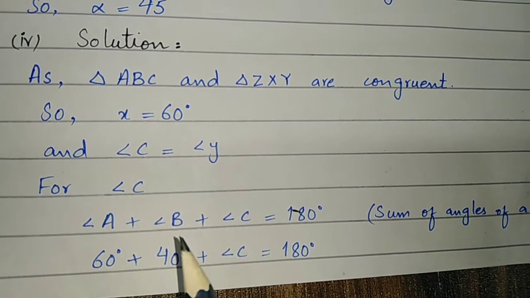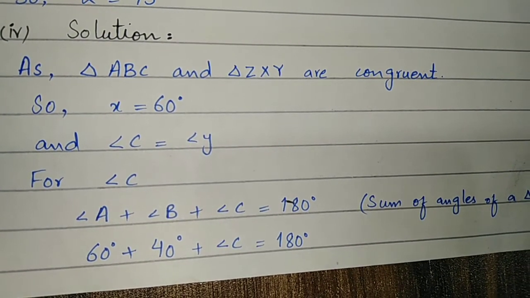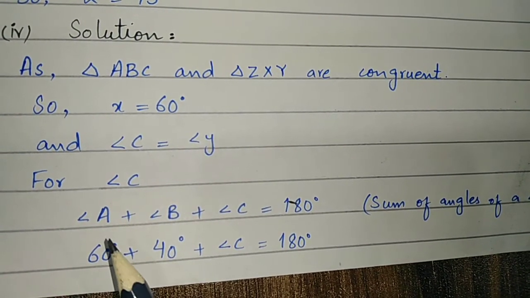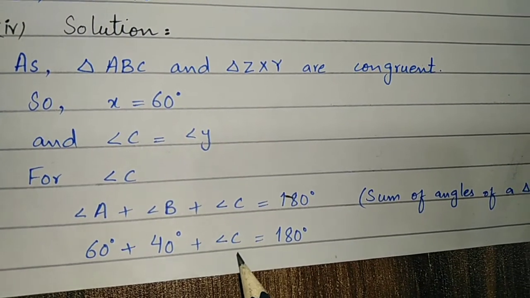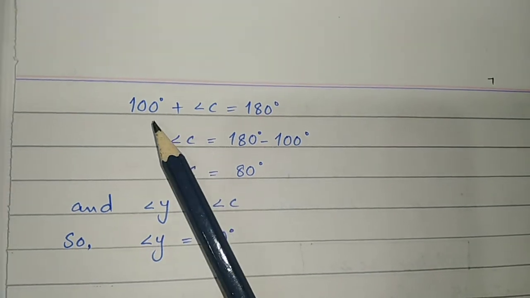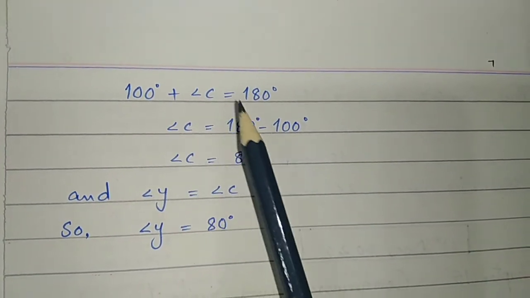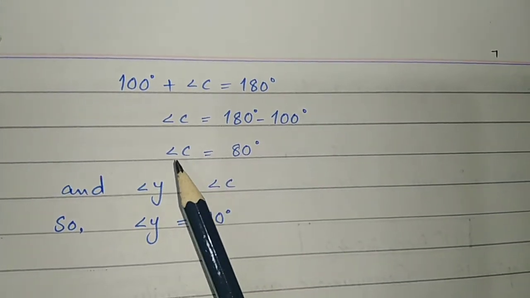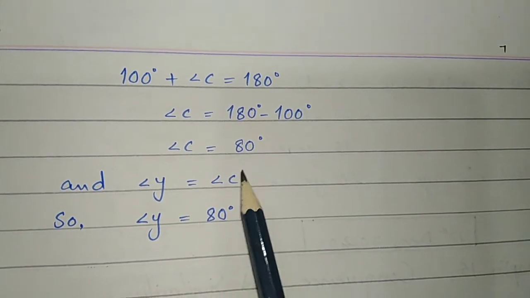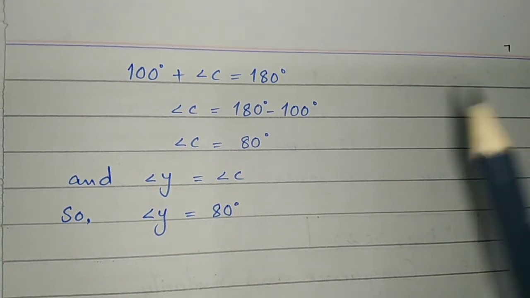So angle A plus angle B plus angle C is equal to 180, and B is 40 degrees and A is 60 degrees, and angle C we have to find. So 60 plus 40, that is 100 degrees, plus angle C is equal to 180. So 100 goes to the right-hand side as negative and we find angle C, that is 80. And angle Y is congruent to angle C, so angle Y is 80 degrees.